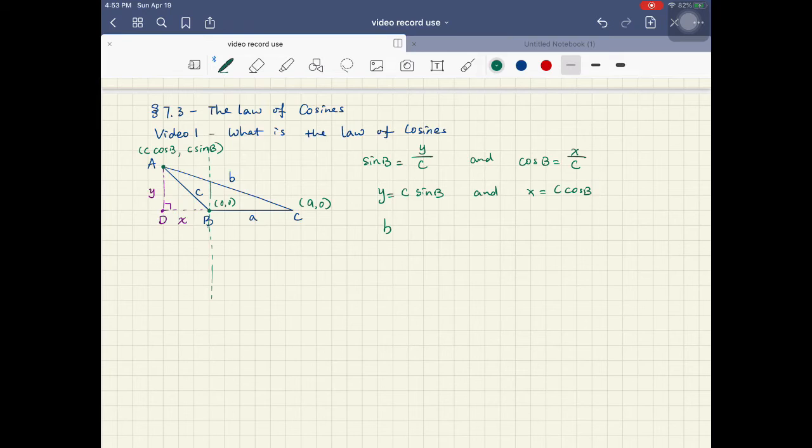So B is going to be the distance formula: the difference between the X's, C cosine of B minus A, squared, plus the difference between the Y's, C sine of B minus 0, squared.